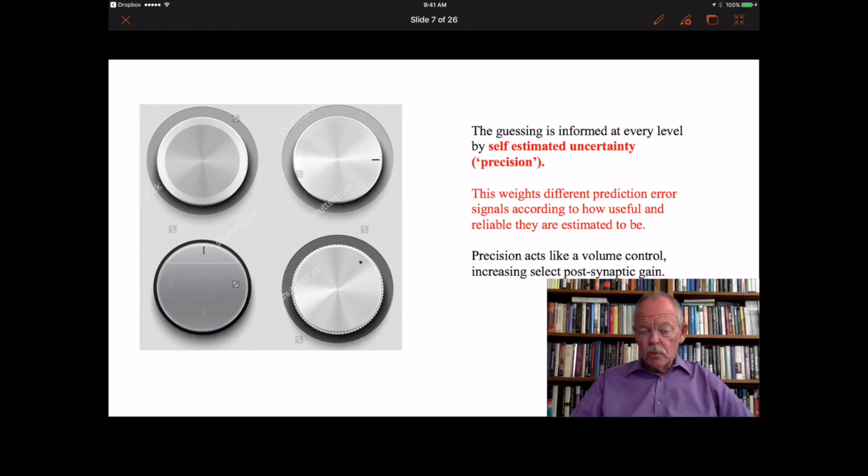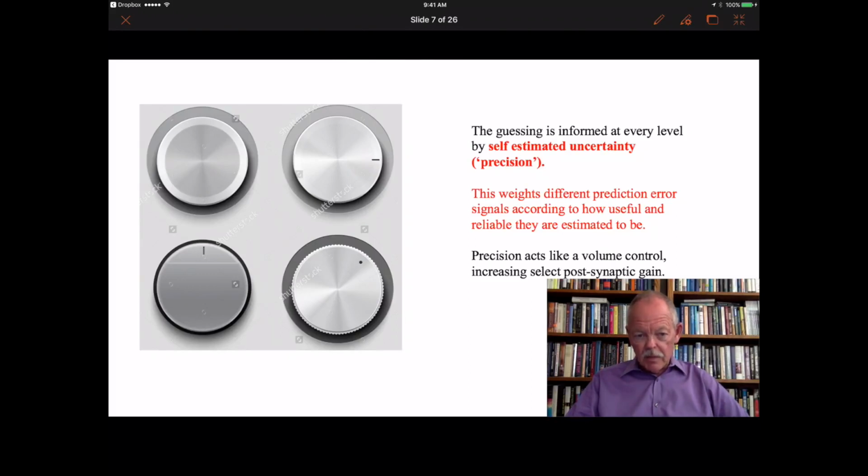And as I told you about the foggy conditions on the road, we make an estimate of the uncertainty that we're dealing with in any particular situation, and that is the so-called precision error, or the weights we assign, different weights, different prediction error signals, according to how useful and reliable the information is estimated to be. So precision then acts like a volume control, increasing the postsynaptic gain of selected synapses.